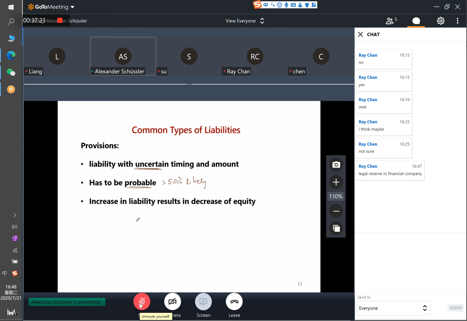And the amount of the provision is the probability weighted expected value.